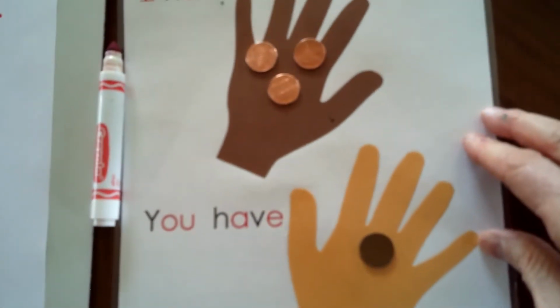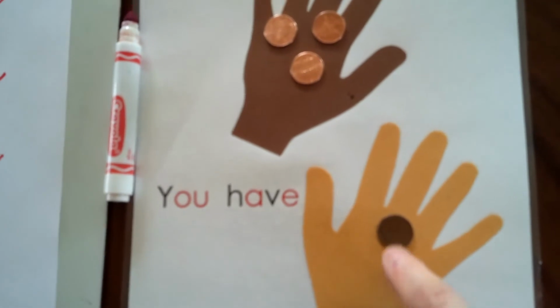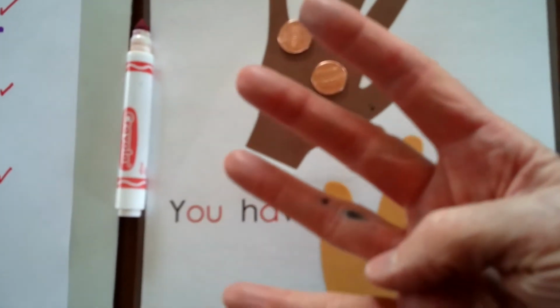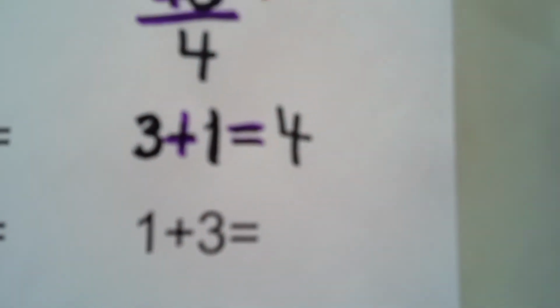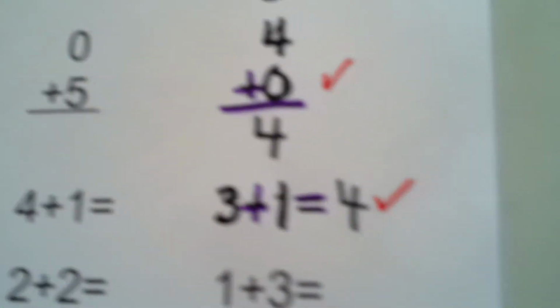I'm going to put 1 over here. Let's check our counting. 1, 2, 3, 4. 3 plus 1 equals, let's write the numeral 4. And we check that twice, so we can put a teacher red check right there. Nicely done.